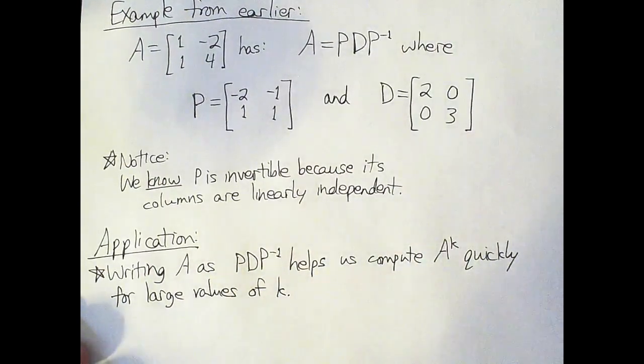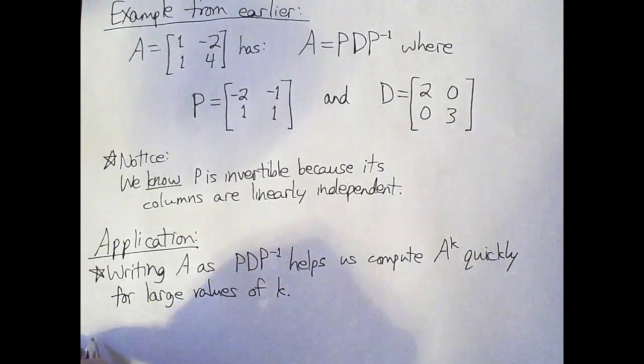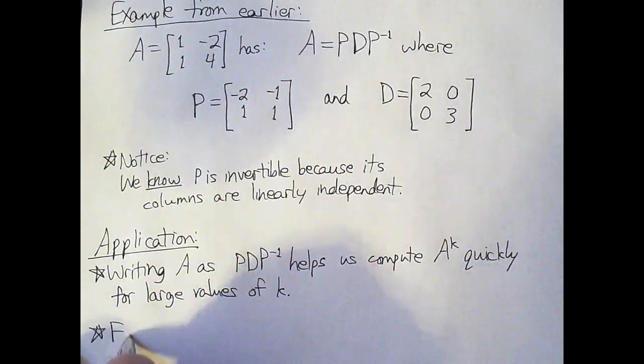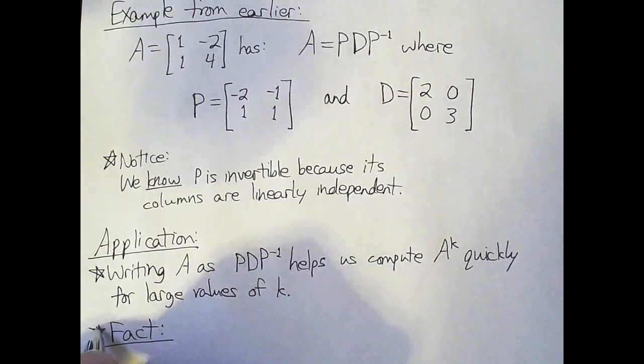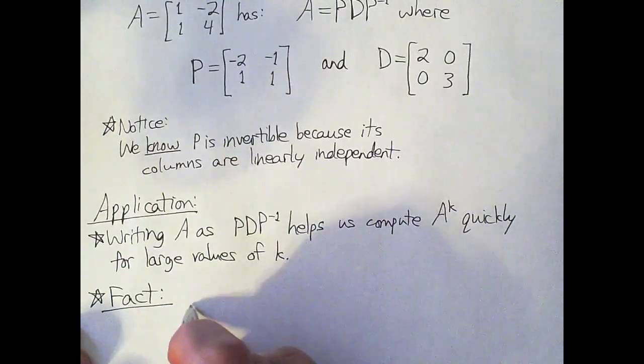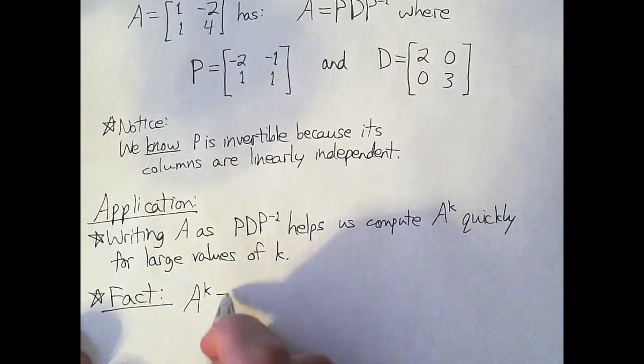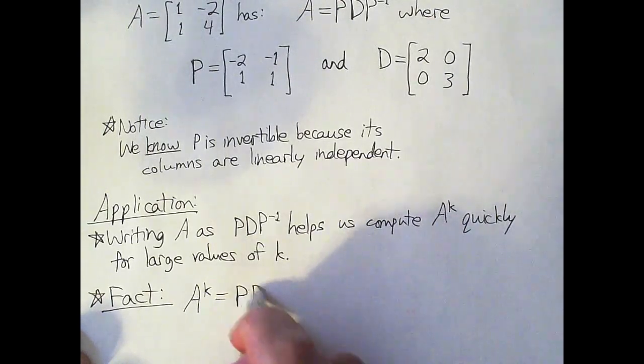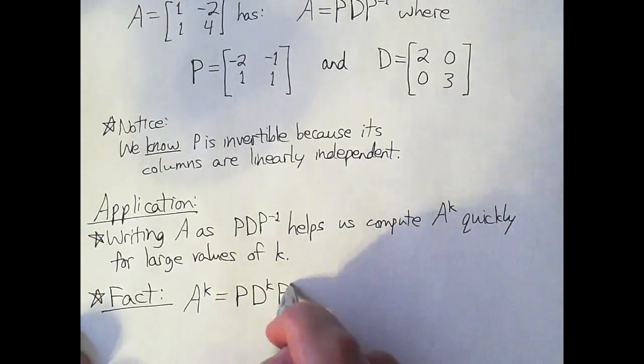And this is actually used in some real-world applications. In particular, I'm thinking about what would be called iterative methods or discrete dynamical systems, because we have this fact that A to the k equals P D to the k P inverse.